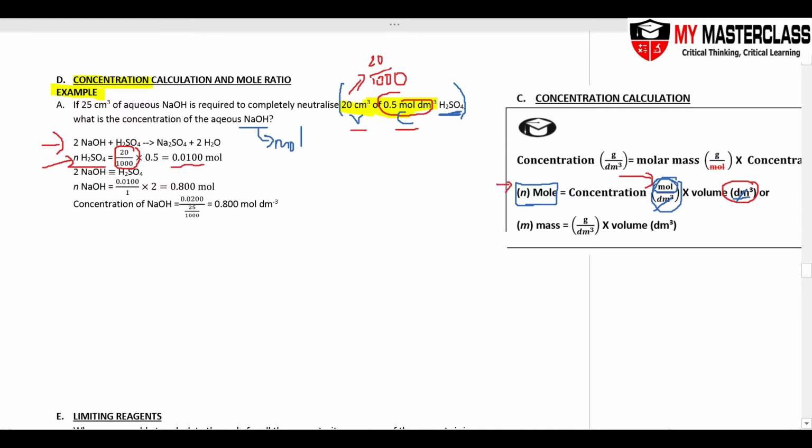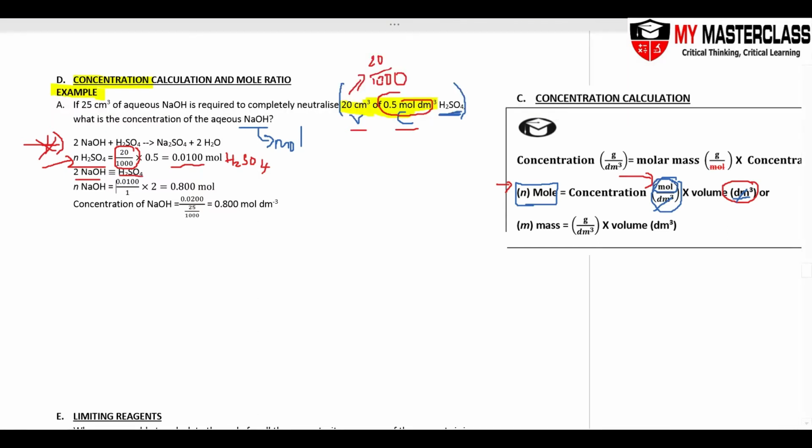The answer gives you your mole. So 0.01 mole is the mole of H2SO4. In this balanced equation, the next step is to do the ratio. So 2 NaOH is to 1 H2SO4.